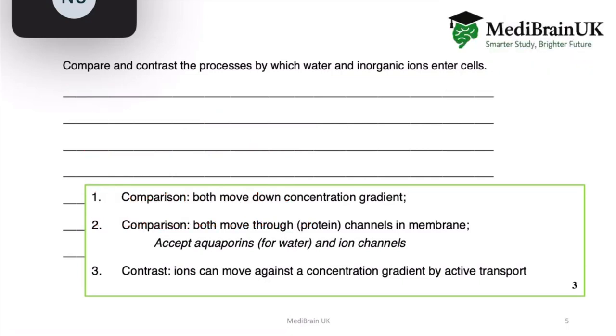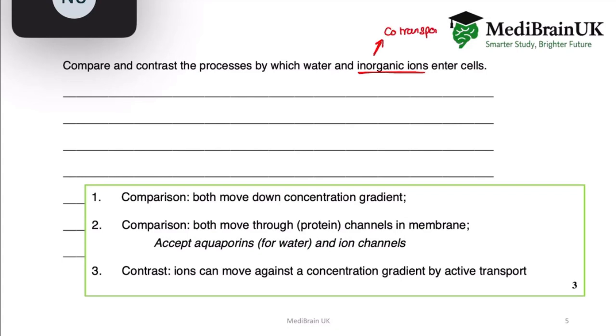Inorganic ions move into cells by facilitated diffusion, which can only take place from a high concentration to a low concentration, and it can happen through a channel protein or a carrier protein. This question says you need to contrast a way between water and inorganic ions, and it's relating the question to co-transport.